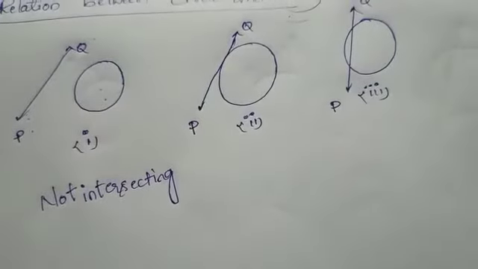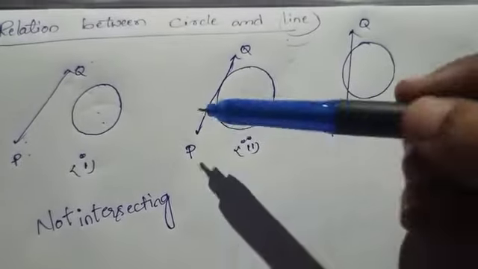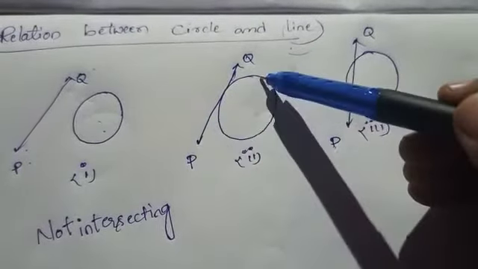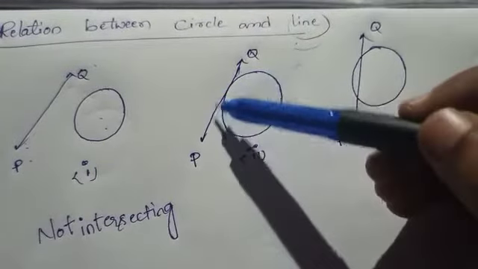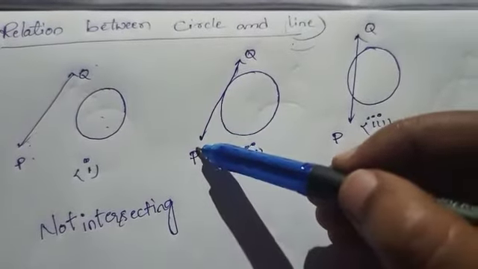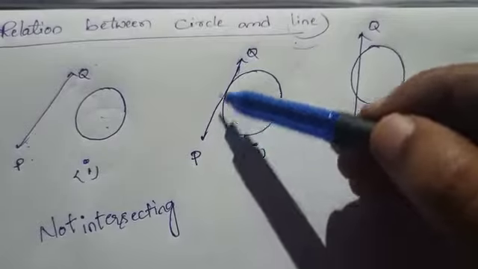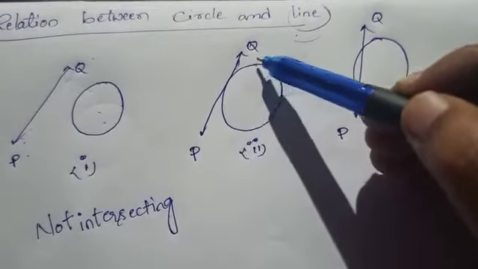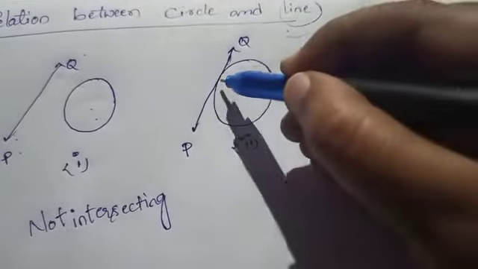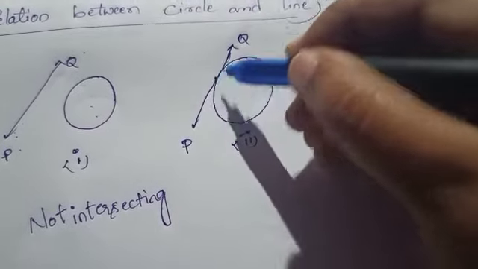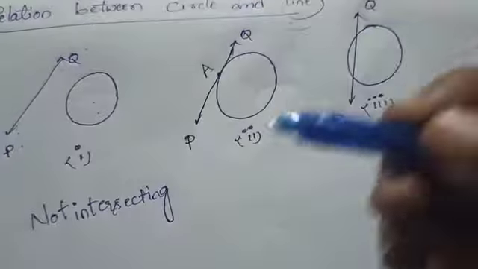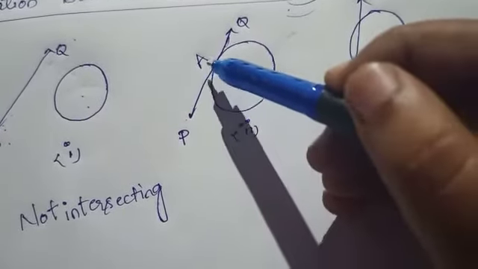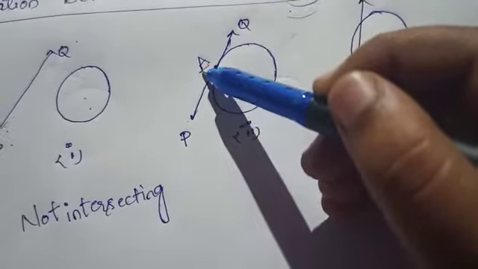See, second case. In case 2, PQ is a line and this is a circle. PQ line intersects the circle at a single point. Let this point be A. PQ line touches the circle at a single point.